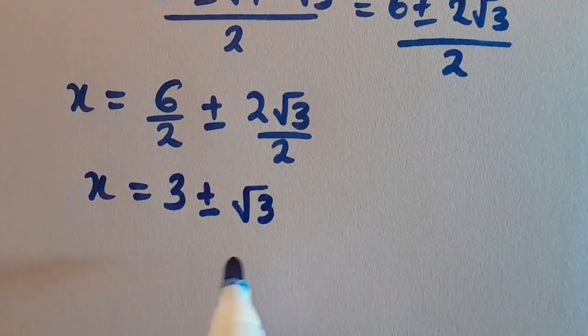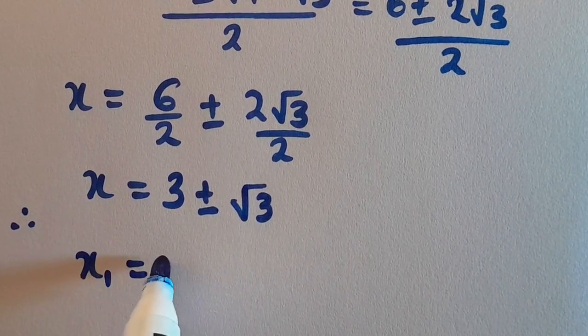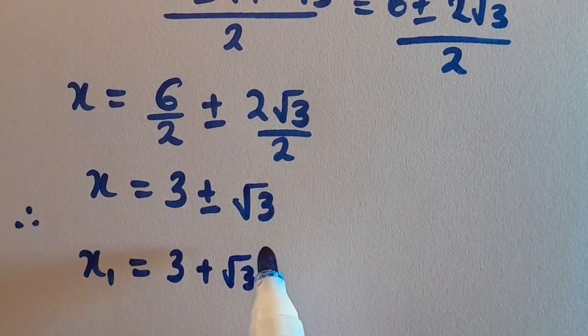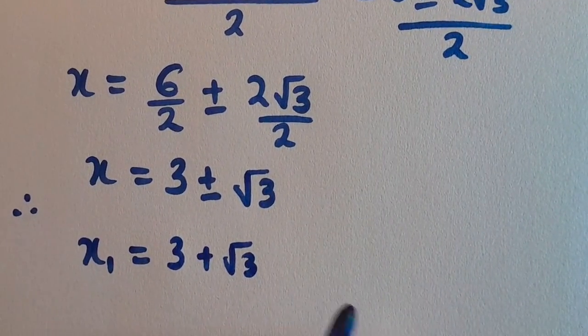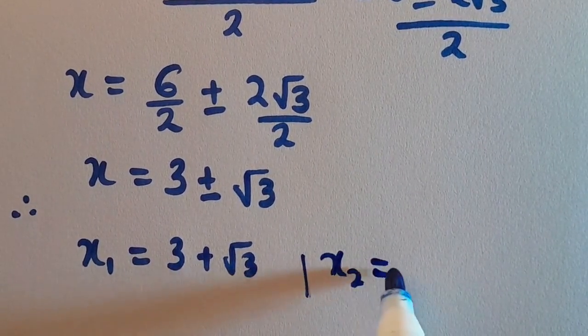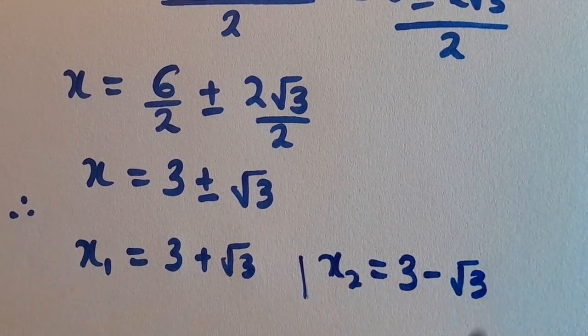root 3. So therefore we can easily have our x1 equals 3 plus root 3 when you pick plus, and our x2 equals 3 minus root 3.